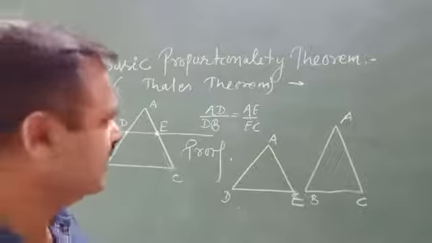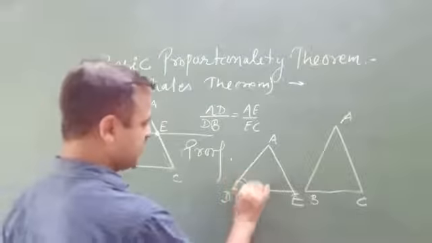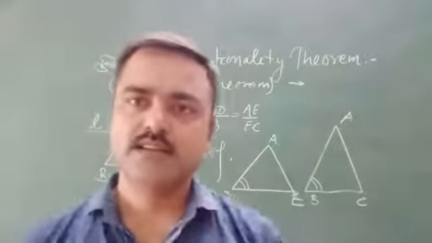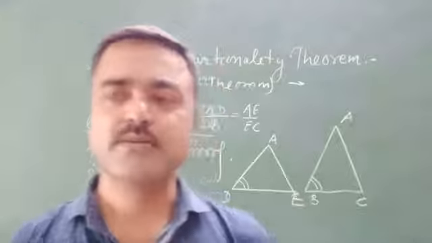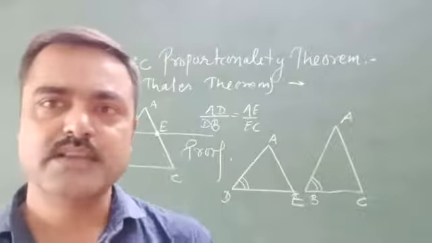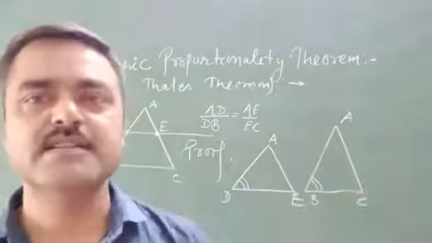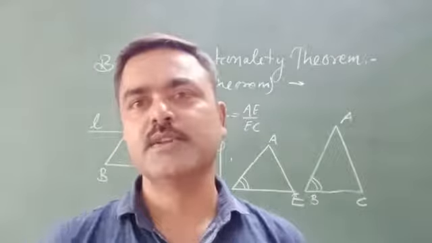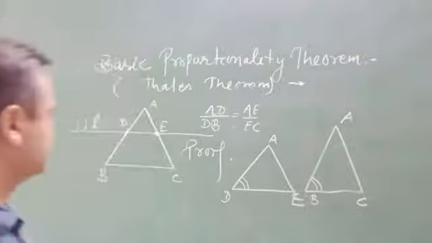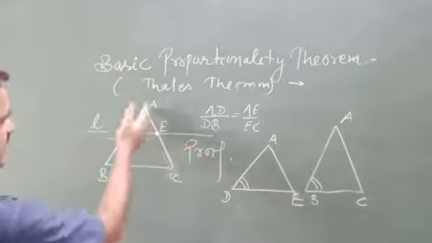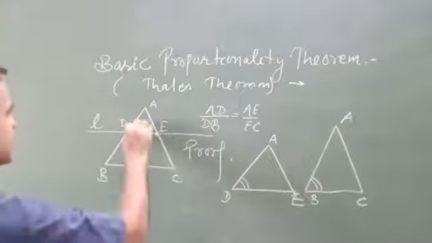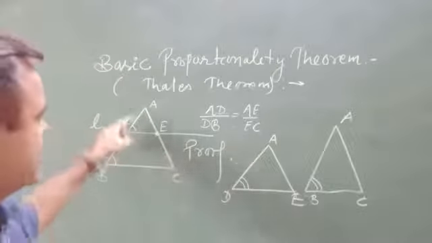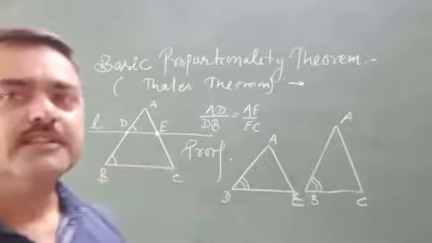In these two triangles, angle ADE is equal to angle ABC because of corresponding angles. As you know from parallel axioms, if there are two parallel lines and one transversal intersects them, then the corresponding angles are equal. So angle ADE is equal to angle ABC.